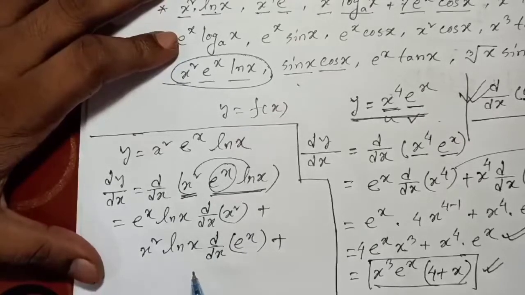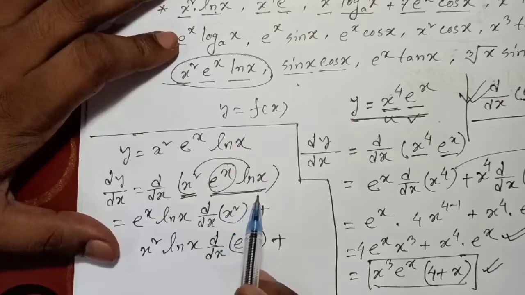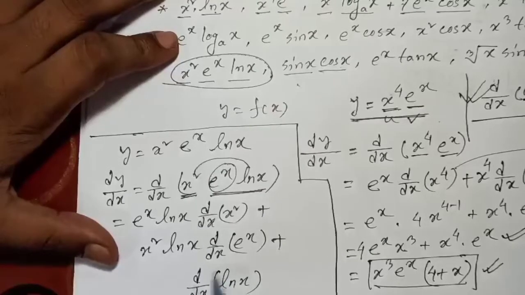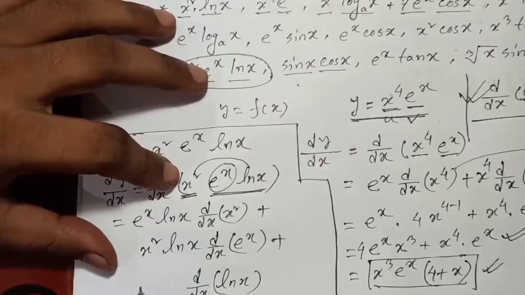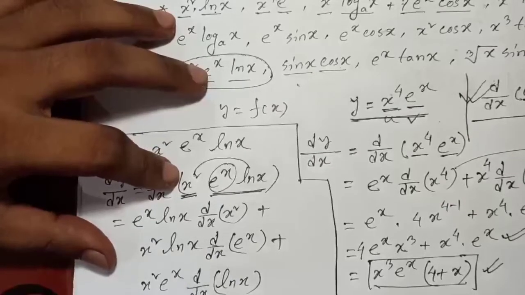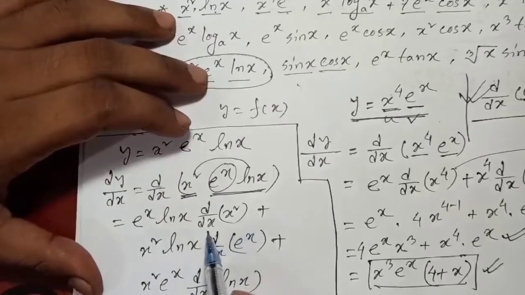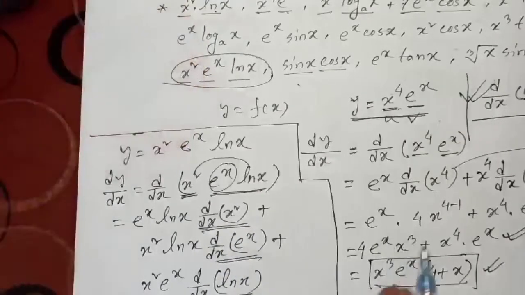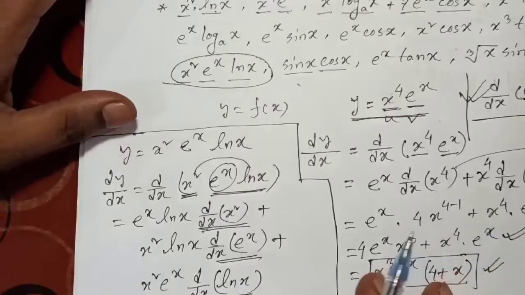And then, having done x square and e to the power x, now it's the turn of ln x. So d/dx of ln x, and here x square and e to the power x will be constant. If we use the formulas, we will find the ultimate answer.